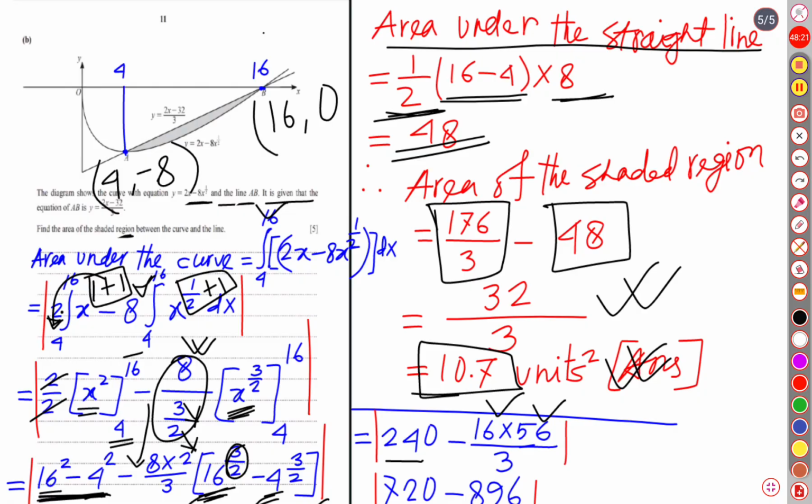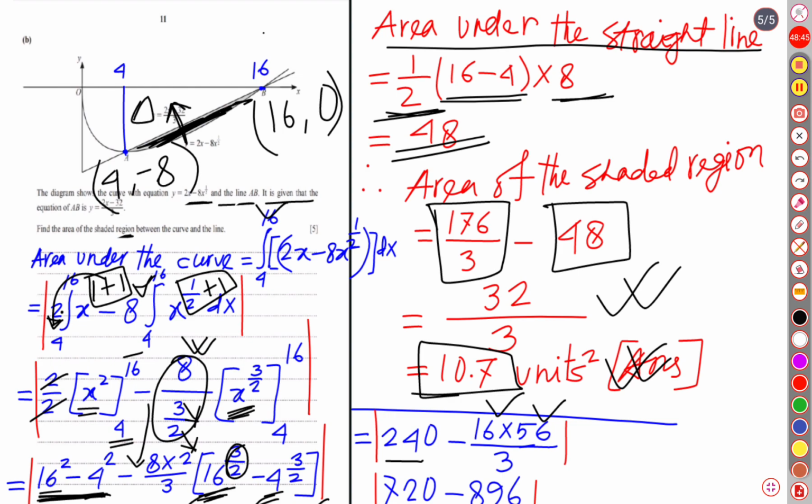After that we got this area, the area above this curved line. Then we subtracted the area of this triangle from the whole area. Then we got the difference between them, that is this shaded region.